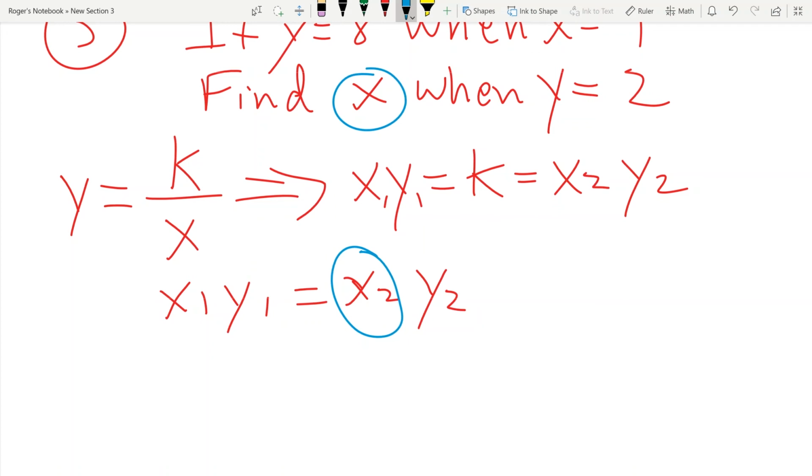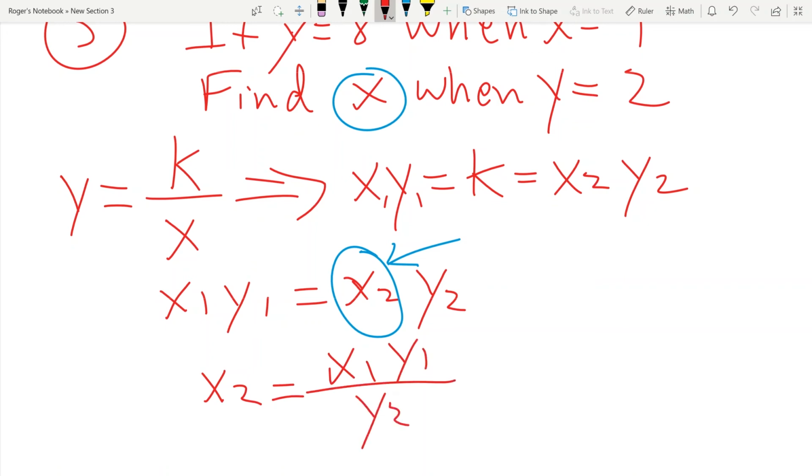So let's solve this equation for this guy right here. Let's solve it for x2, meaning get rid of everything else on the right so that you're left with x2. How do you get rid of the y2? Well, you can divide both sides by y2. And so we would get that x2 is equal to x1, y1 divided by y2.